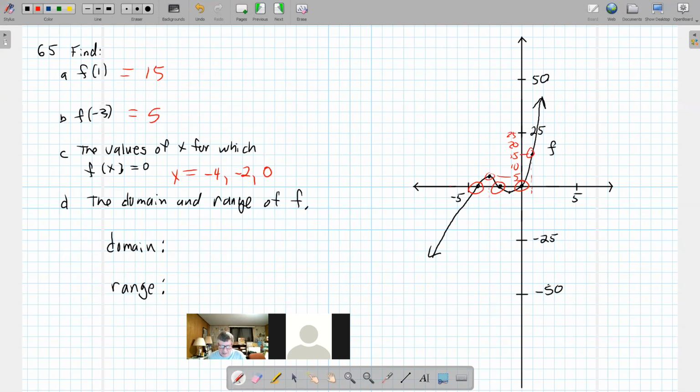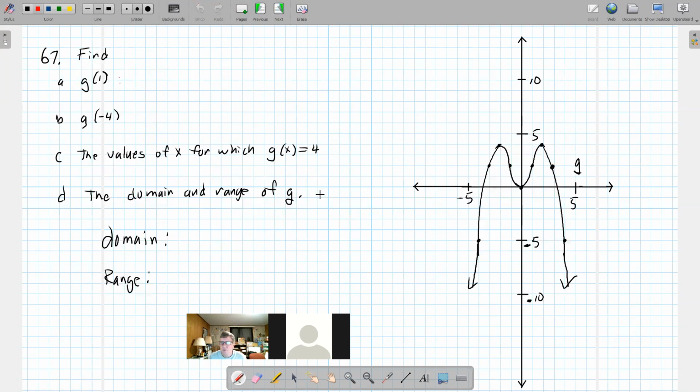So those are the x values that have a y value of 0. The domain and range of f. Well, again, this thing's going up and over, this thing's going down and over. So the domain, all real numbers, the range, all real numbers as well. Okay.